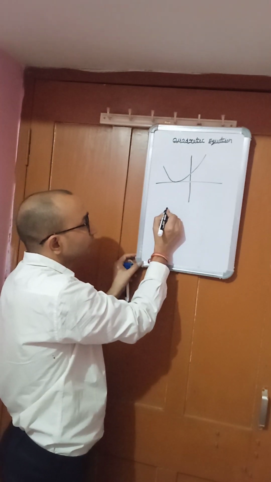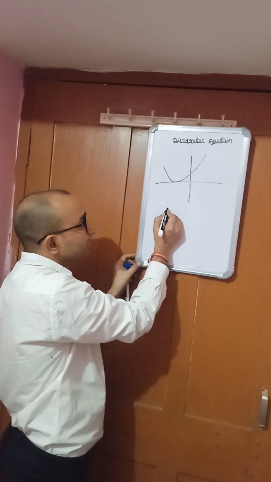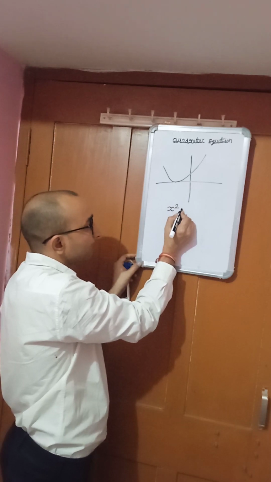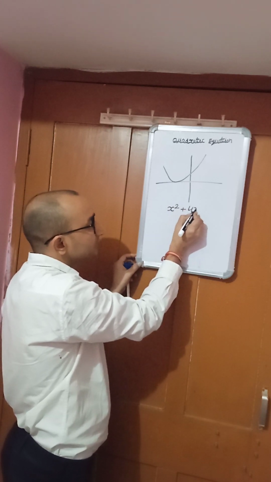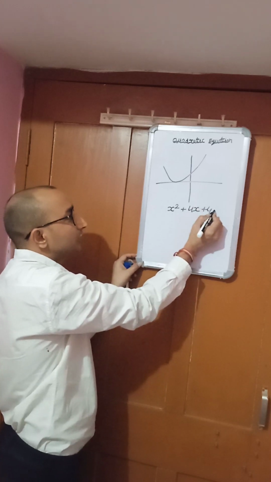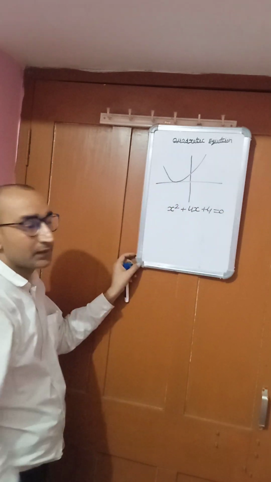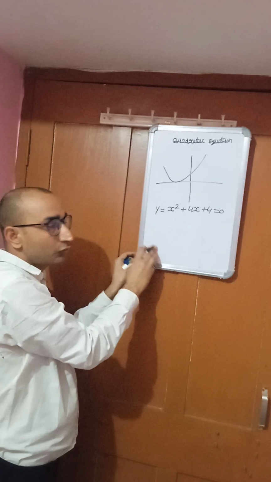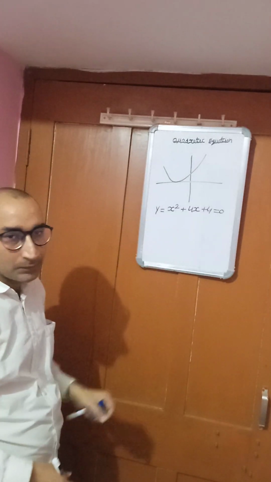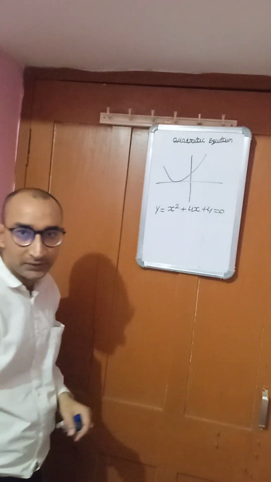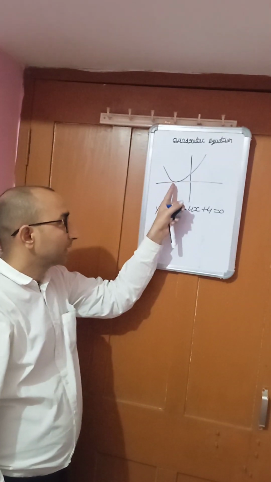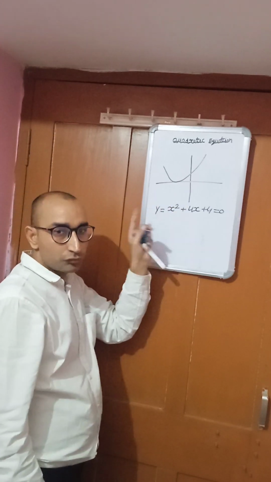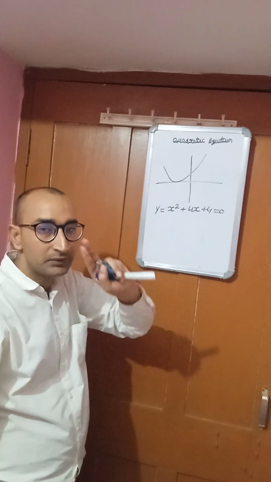If we write here x square plus 4x plus 4 equals to 0, then such types of parabola, if we put the value of x, we get the value of y and plot on the graph paper, then such types of parabola will be drawn, and the value of x is the solutions of this equation. Two solutions will be there and both the solutions will be equal.